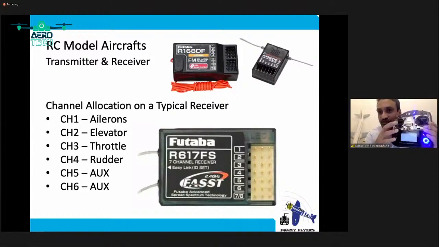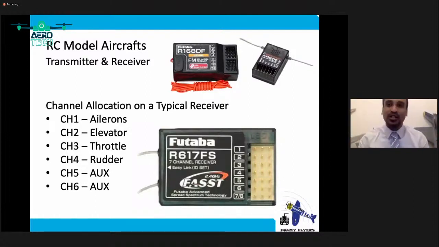I can put it down and then it'll stop. That's how it works. But some radios might not have that feature. So if you have something like that, you need to check that all these control surfaces and control levers are in the right position before you turn on your aircraft. Because there are instances where, when you plug in, the motors will start and then injure somebody, or damage the aircraft or somebody around you.